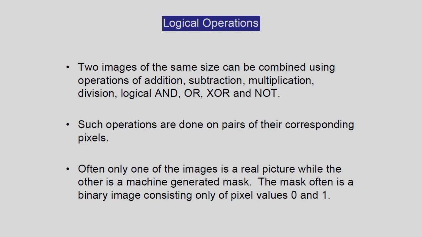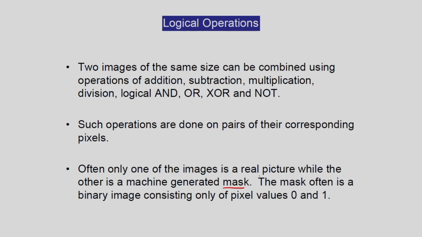Also I can do some logical operations, like the AND operation, OR operation, XOR operation, NOT operation. Then these operations I can do for image processing. In this case such operations are done on pairs of corresponding pixels, and I have to consider one real picture and another one is a mask for this operation.